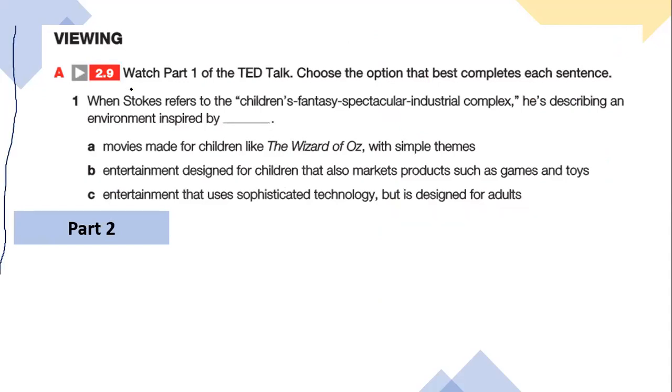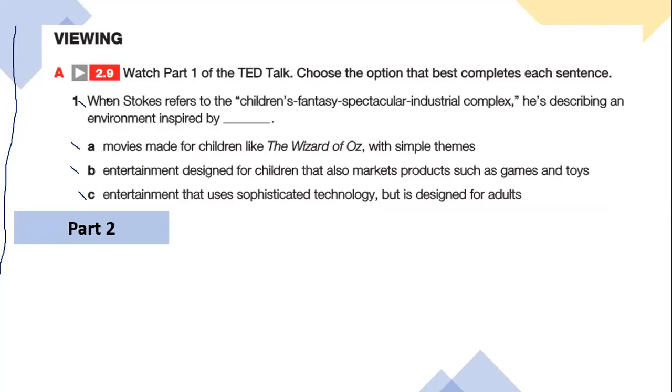Part 1 says, watch part 1 of the TED Talk and choose the option that best completes each sentence. So read the question and select the best answer according to the video.